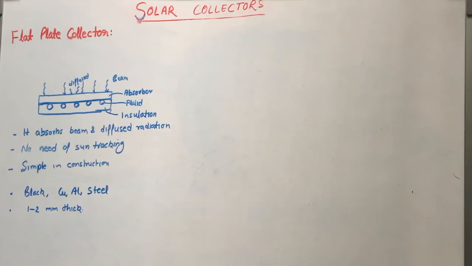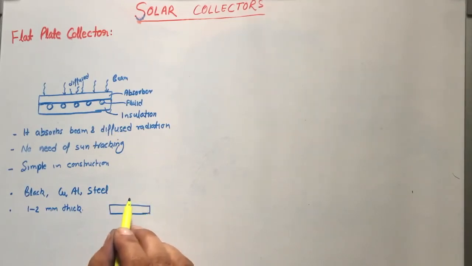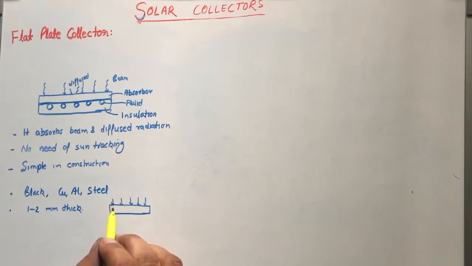okay. If it will be more than this, then the absorber is the top surface, it will be heated up, okay, and after that through the conduction process, heat will be transferred to this. It will take some time to transfer from here to here.